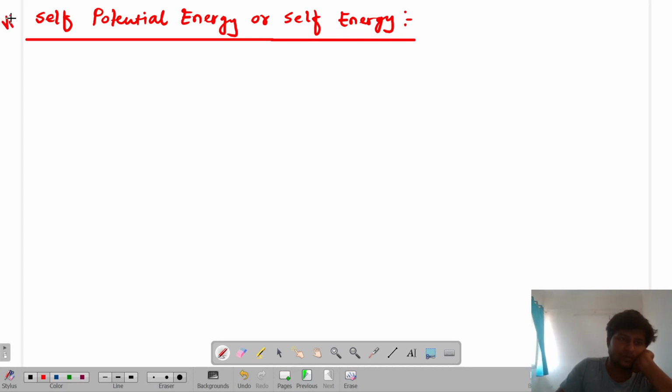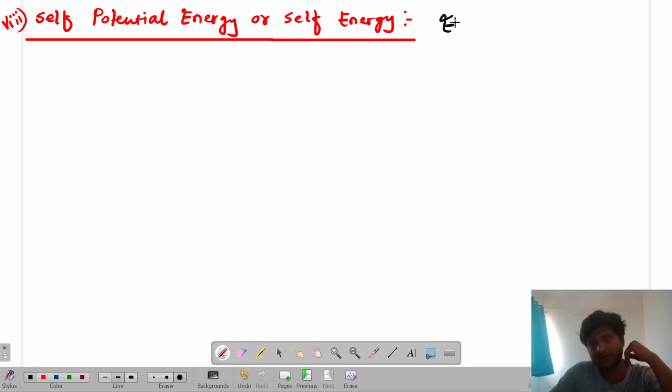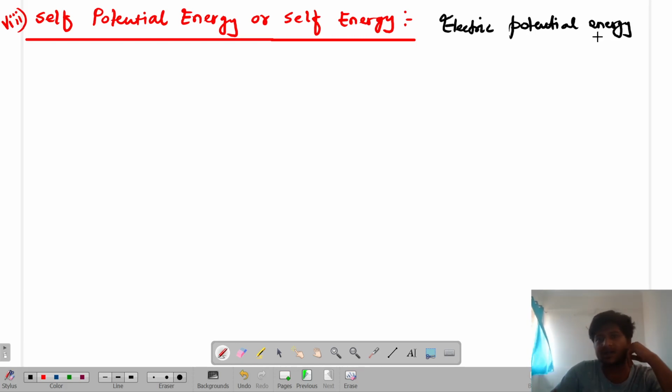ये आगे जाके बहुत काम आने वाला है ना? So it is nothing but, let us define the statement. It is electrostatic or electric potential energy, not kinetic energy. You know why? Because the conductor is at rest, and the body is static in nature. We are studying electrostatics, isn't it?